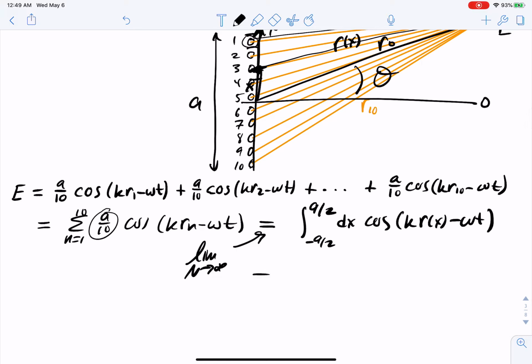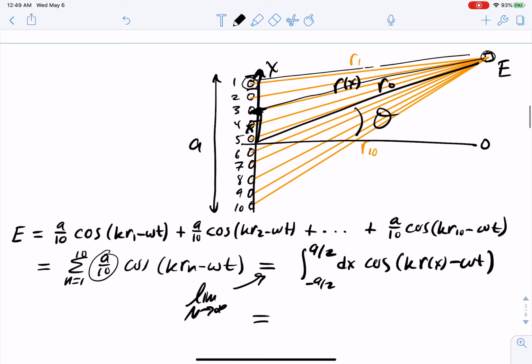Okay, if we take another limit and we assume that this distance r is much, much greater than the width of the sources, then the geometry gets simpler. And we can calculate r of x. So it's r0 minus x sine theta.